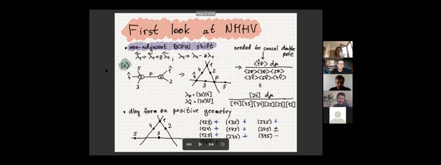Okay. So now let's do the same thing, just 5 points, which is very trivial, but using this non-adjacent BCFW shift. So we shift 1 and 4, and we calculate this term. That's straightforward to calculate. And then we will see that we can identify it with the following configuration.